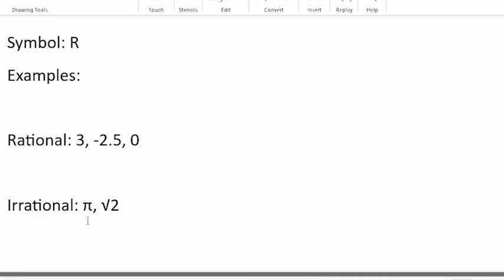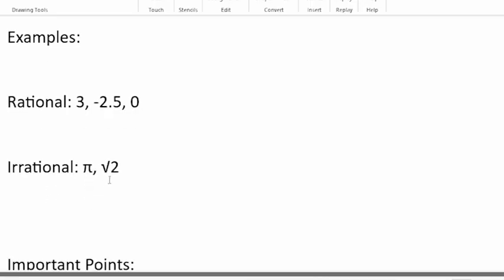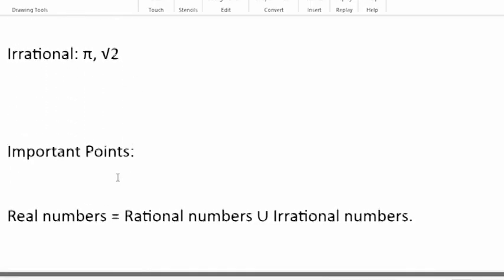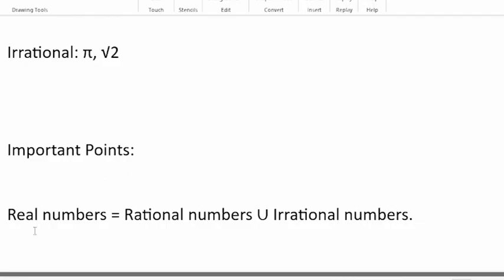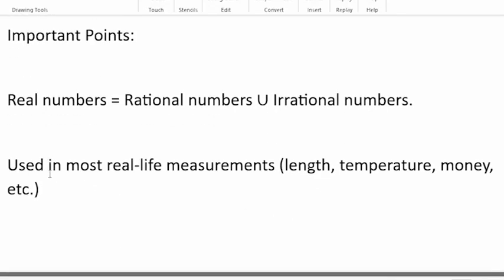Irrational: pi, the square root of 2, and so on. Important point: real numbers equal the rational numbers union the irrational numbers. They are used in most real-life measurements like length, temperature, money, and so on.